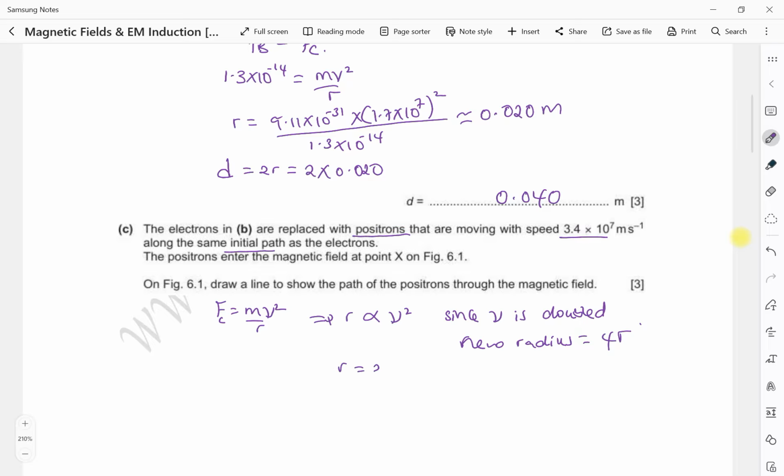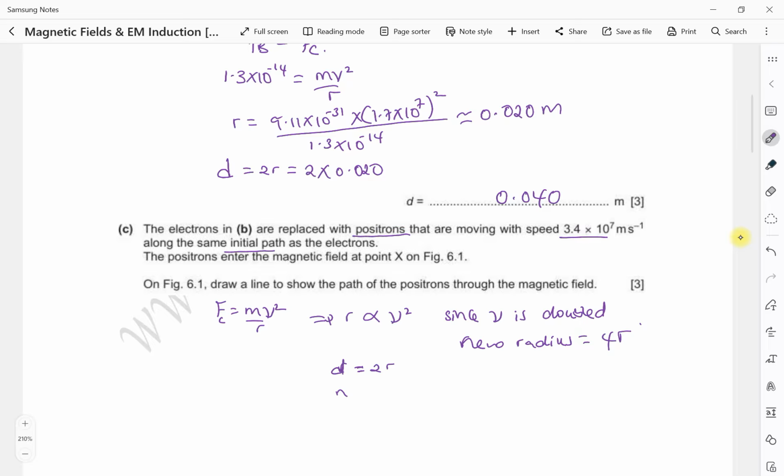Remember, the diameter is equal to twice the radius. The new radius is 4 times the original radius, and diameter is equal to twice r.